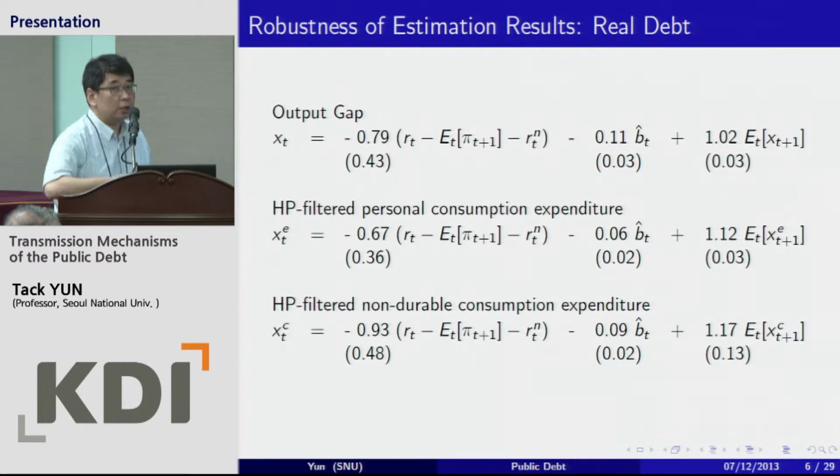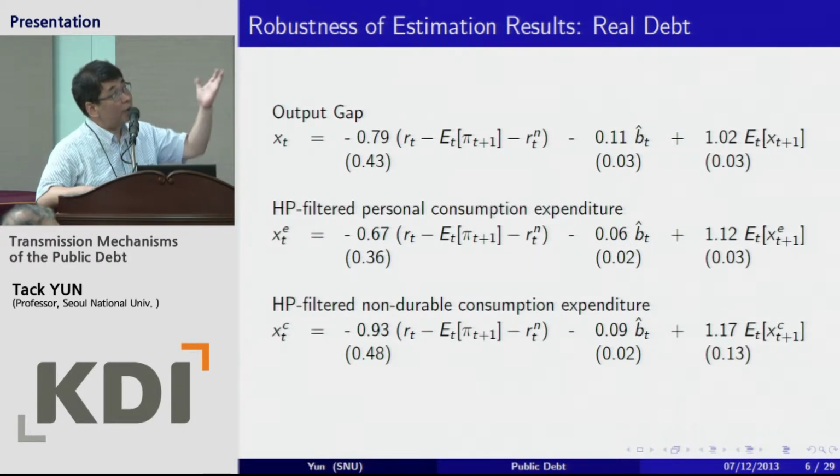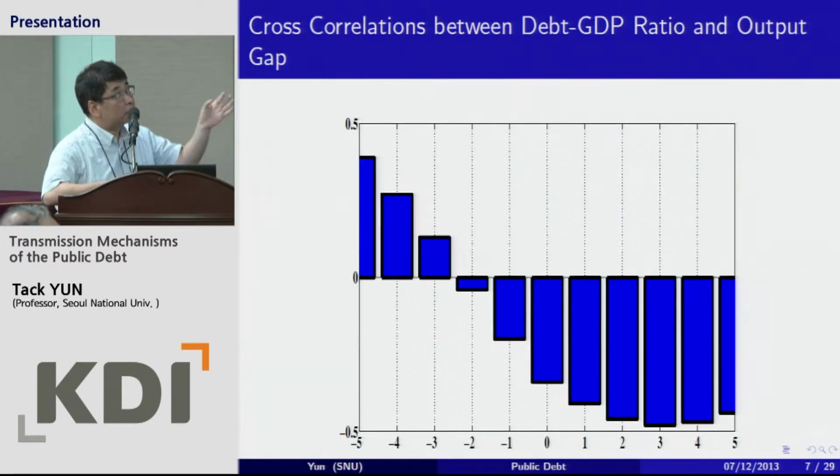But here this result might be spurious, because it might come from the actual IS curve relation or from the budget relation. In order to see whether this is really the IS curve or the budget relation, I use cross correlation, because the negative relation could come from the budget relation.